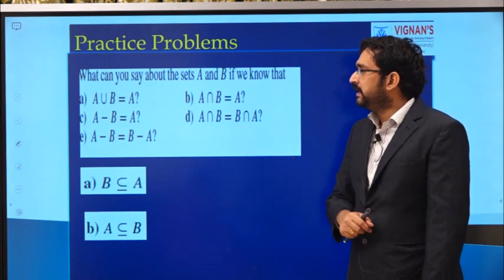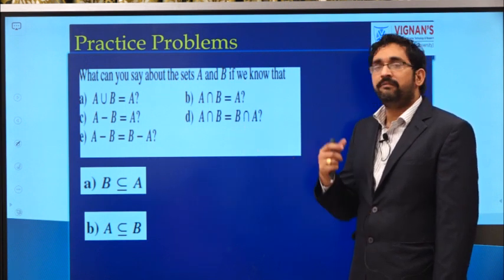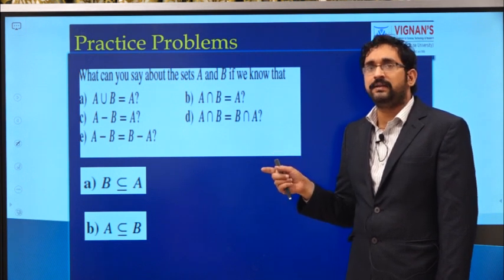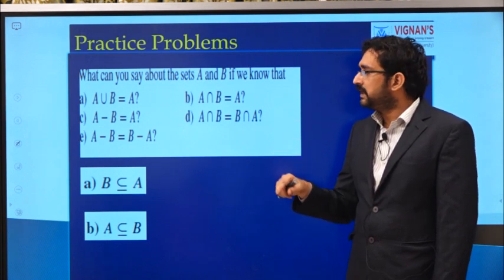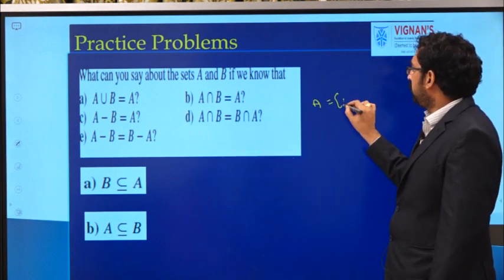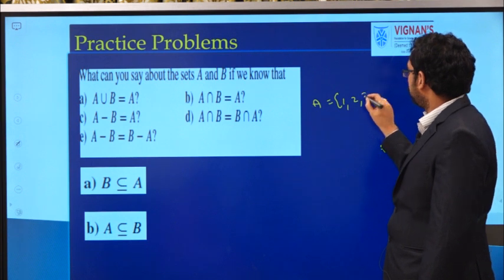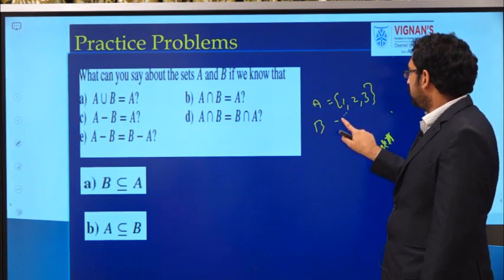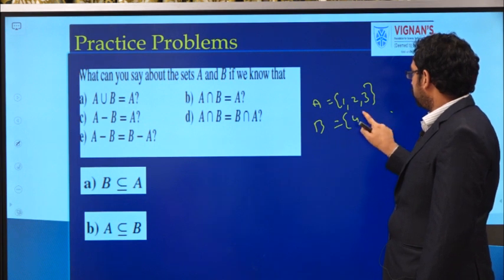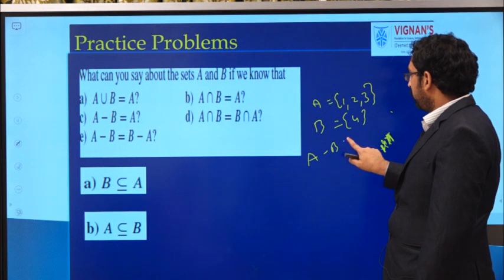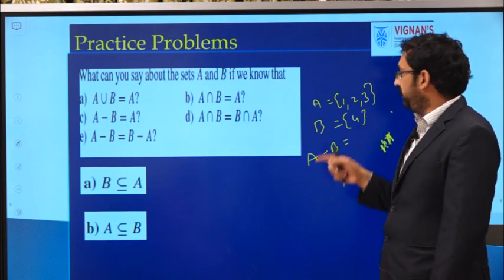See the third one, A minus B equals A. What does A minus B represent? A minus B represents the set of all elements which are in A but not in B. For example, A equals 1, 2, 3 and B equals the set of 4.